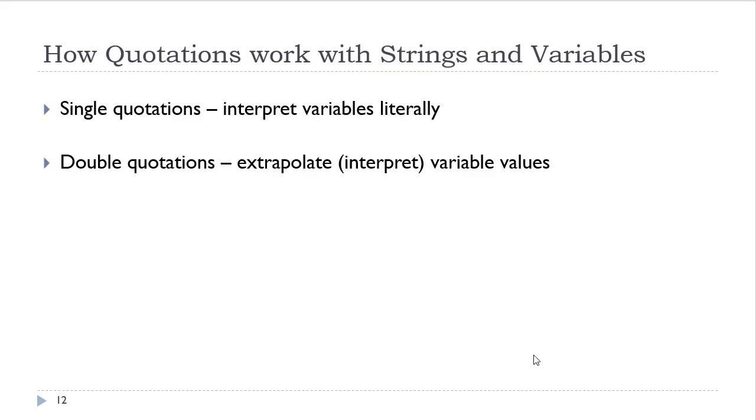There is a difference between using single and double quotations with variable expressions. Single quotations will interpret that value literally. Double quotations will extrapolate, which is another word for interpret, the variable values inside that expression.